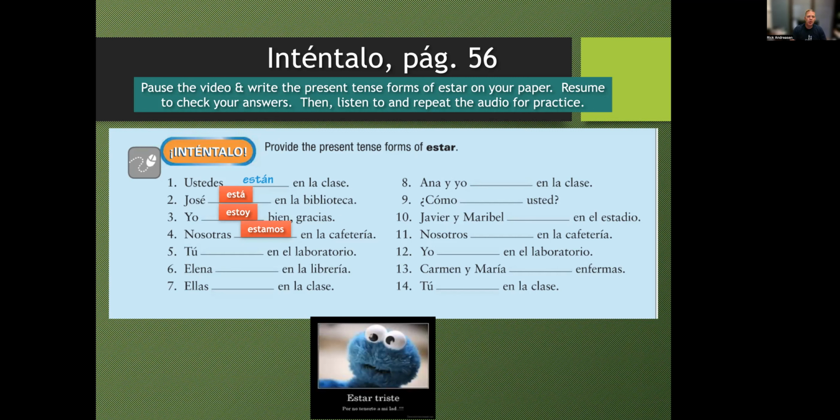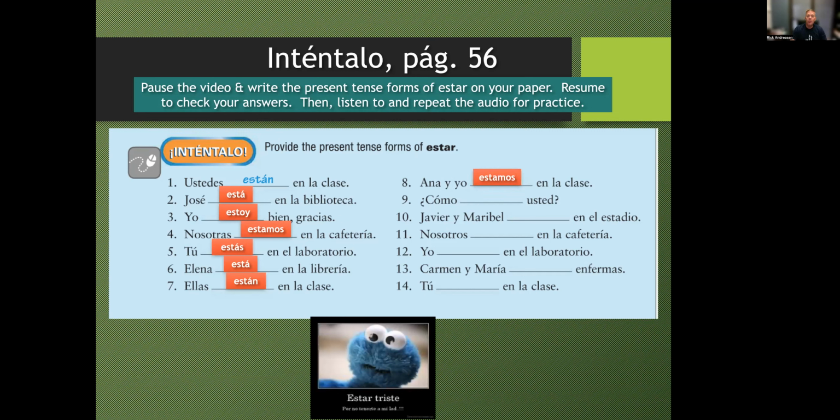Número 5, tú estás en el laboratorio. Número 6, Elena está en la librería. Again, third person singular. Número 7, ellas están en la clase. Third person plural. Número 8, Ana y yo estamos en la clase.